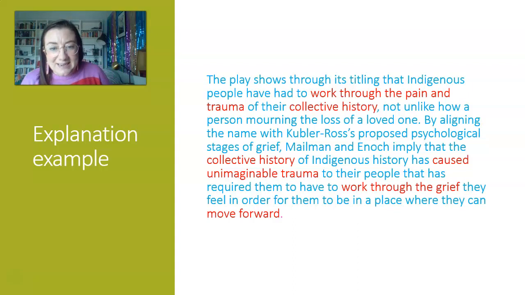By aligning the name with Kubler-Ross's proposed psychological stages of grief, which, if you look at the back of the text, they have the 5 stages of grief, and I'm sure if you've studied the text, you already know all about them.